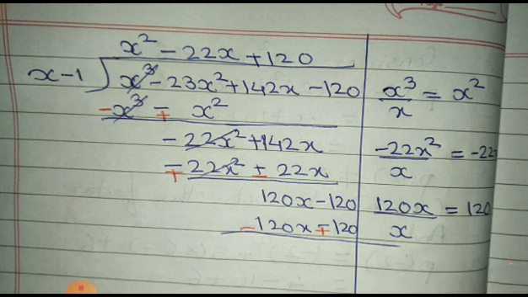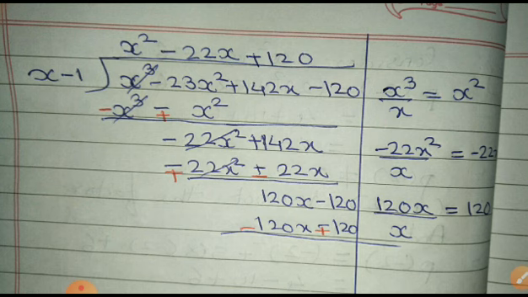So how to divide it? 120x divided by x I will get as plus 120. So that should be written at the top in the quotient. So I'll get plus 120x minus 120.